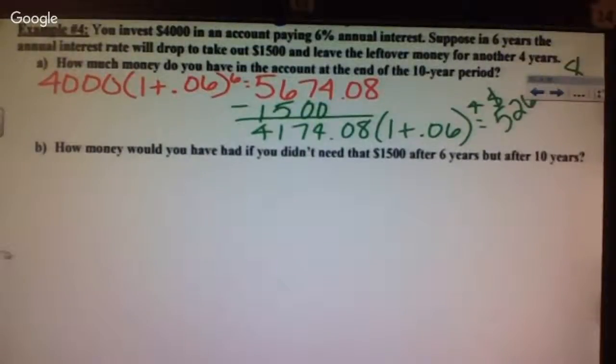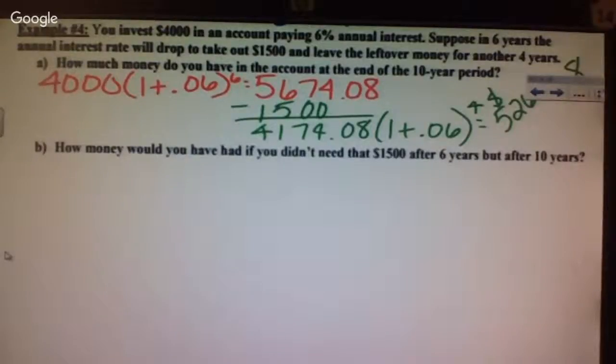Okay. How much money would you have had if you didn't need that 1,500? If they did not take that 1,500 out until after your 10 years. So now what do I need to do? It says, how much money would you have had if you didn't need that 1,500 after 6 years, but after 10?